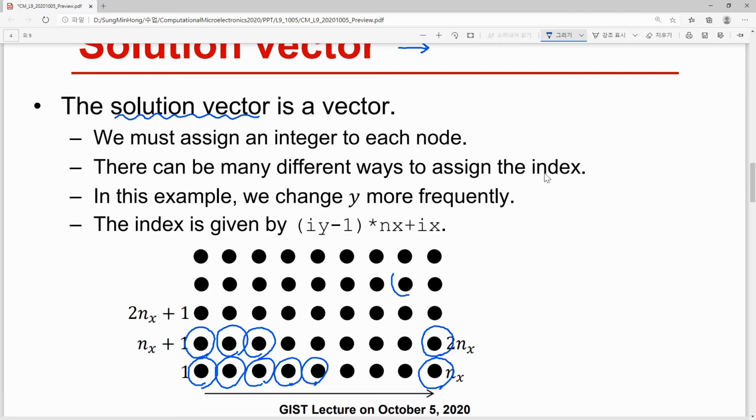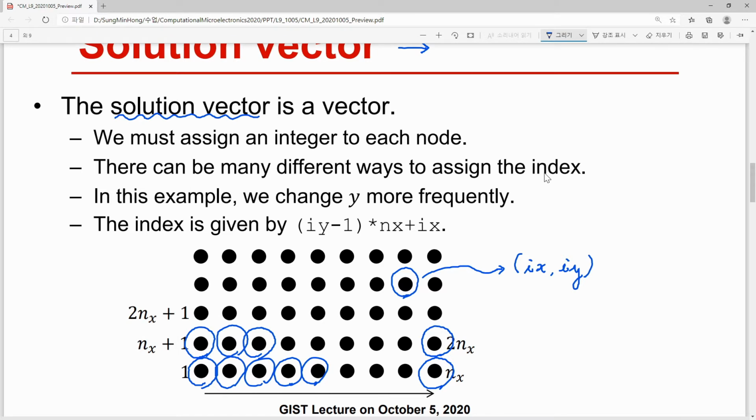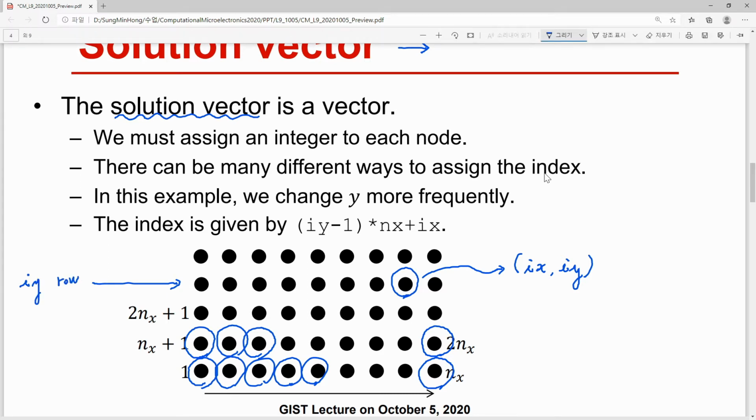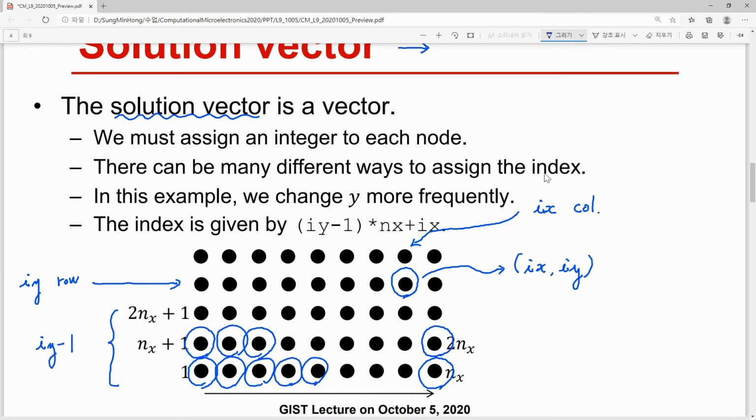Think about a certain point which can be expressed as a pair of ix, iy. So in this case, what will happen? Here we have iy's row, and this is corresponding to ix column. In this case, we have actually iy minus 1 rows which are completely filled.